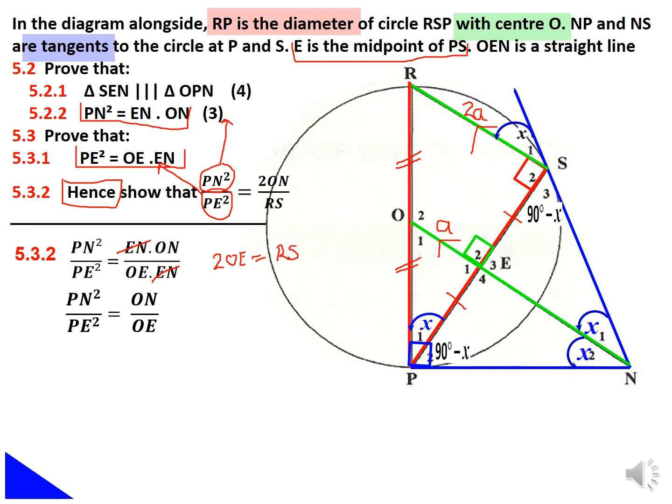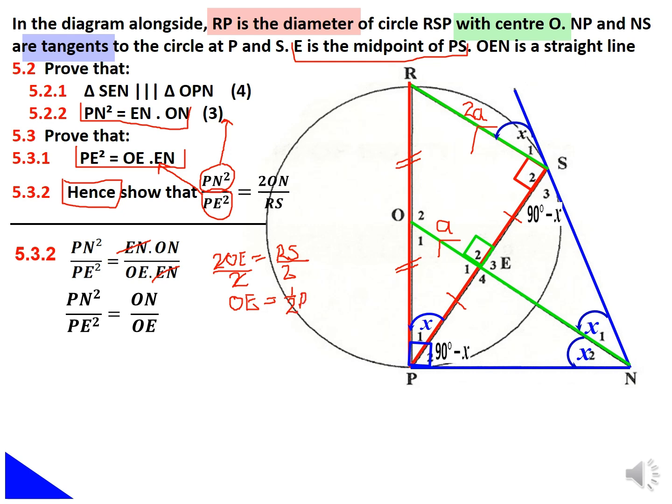Then from here, we can divide this side by 2 and also divide this side by 2. That will give us the value of OE. So we can say the value of OE is equal to RS divided by 2, or we can say it is equal to 1/2, which is half of RS.